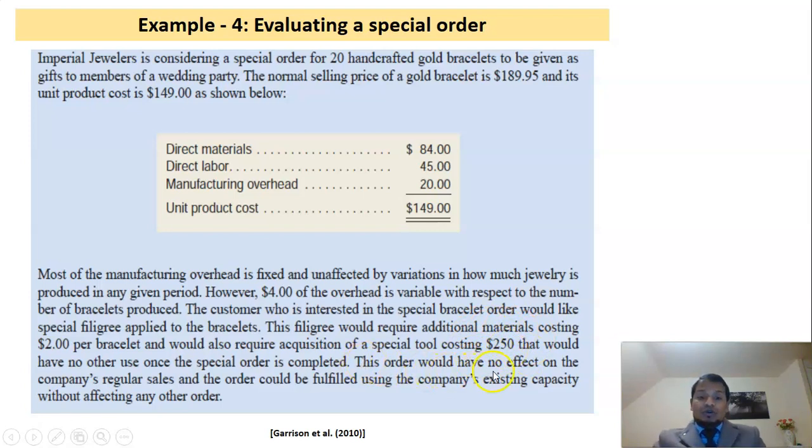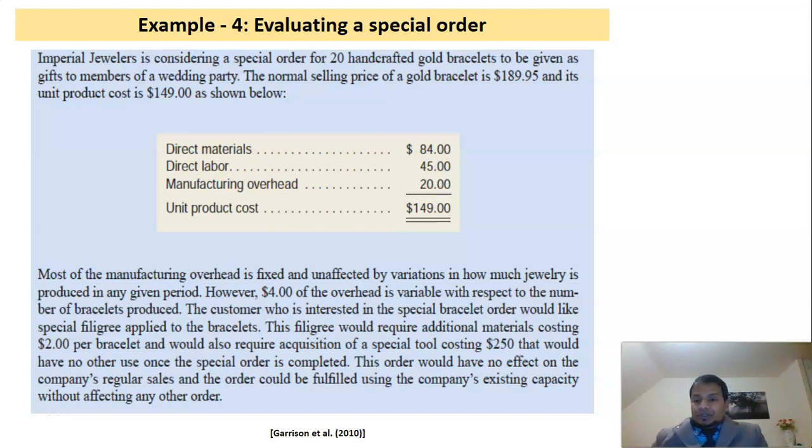So this order would have no effect on the company's regular sales. The regular sales would be unimpacted, though you accept this order of producing 20 handcrafted gold bracelets.